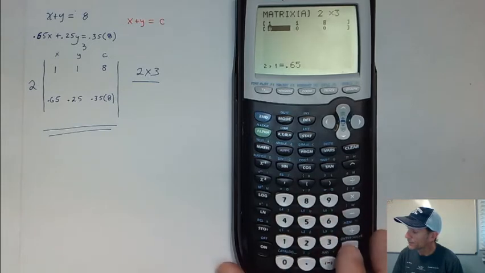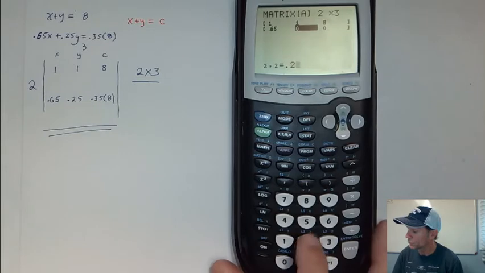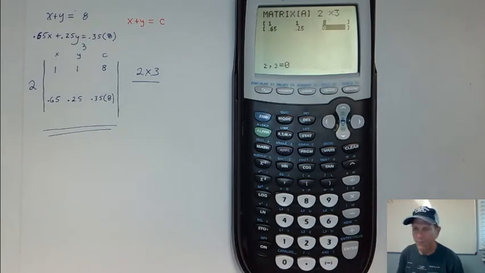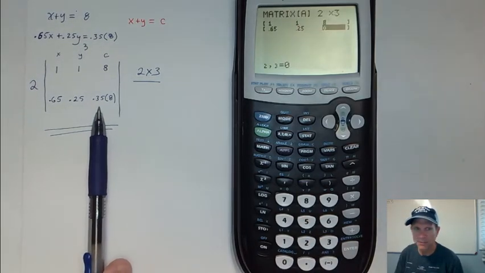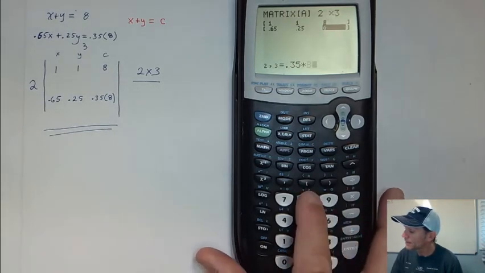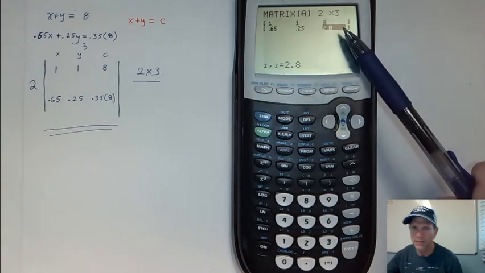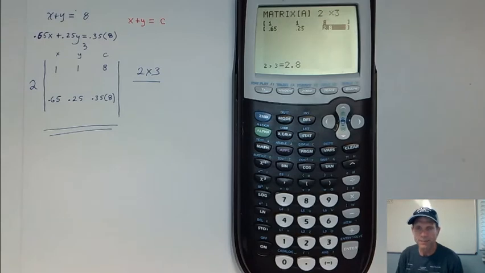I say it out loud almost every time. 0.65, enter, 0.25, enter. And I wanted to show you this. You can actually type this in as a multiplication, 0.35 times 8. And what you'll notice, it does the computation for us. We get 2.8, which we had when we did it longhand in the substitution method.